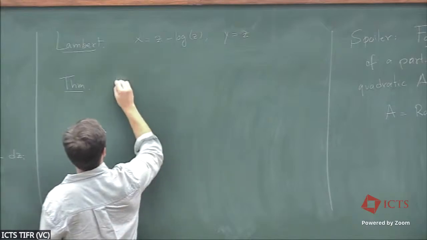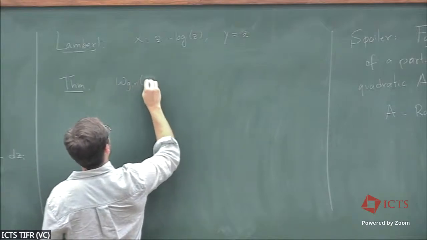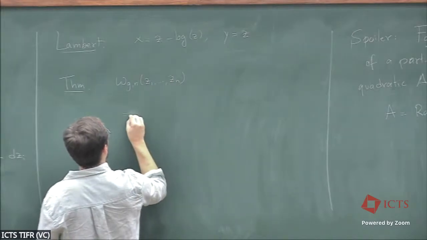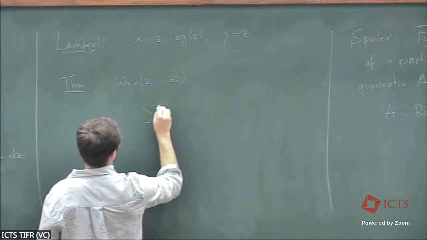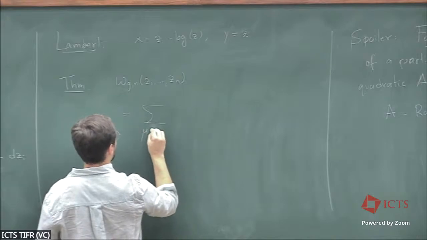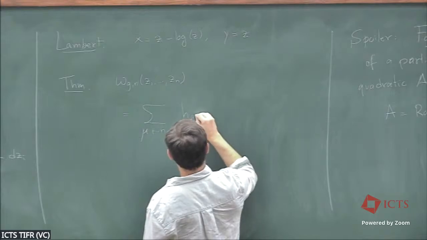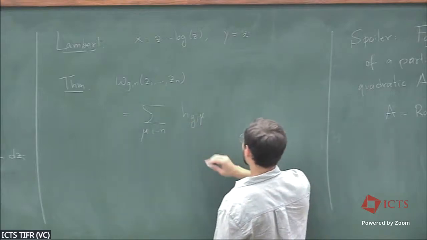So the theorem here is that these omega GNs are generating function for simple Hurwitz numbers. So this is a sum over partitions of n. And here you take the connected Hurwitz number. I will say exactly what this is in a second.